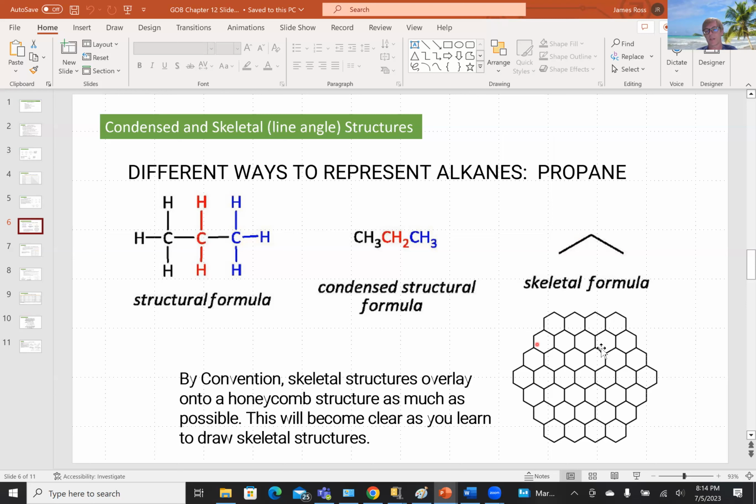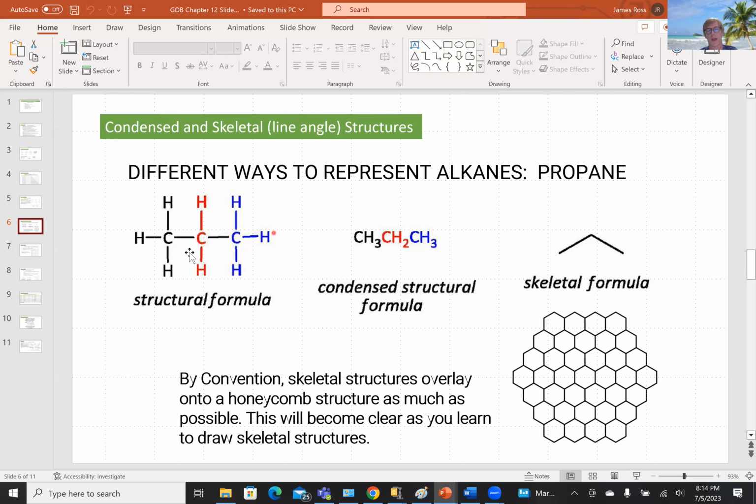I could do anything as long as it's superimposed on a honeycomb. And again, this is just a convention. An intermediary between the complete structure on the left and the skeletal structure on the right is something called a condensed structure. As you can see, we've not got as much information as on the left, but we've got more than on the right. It's kind of in the middle.